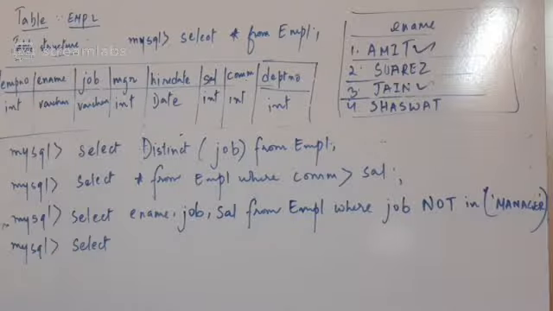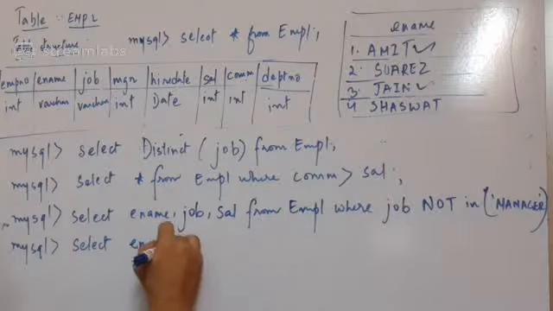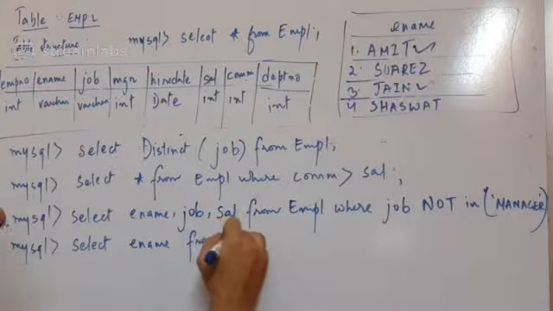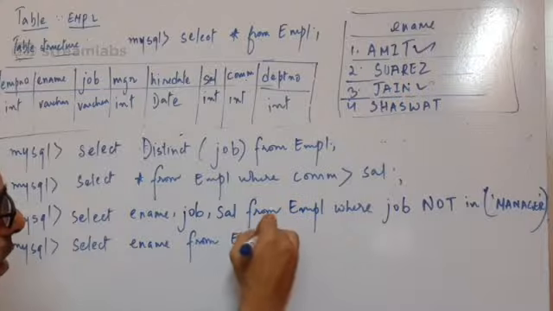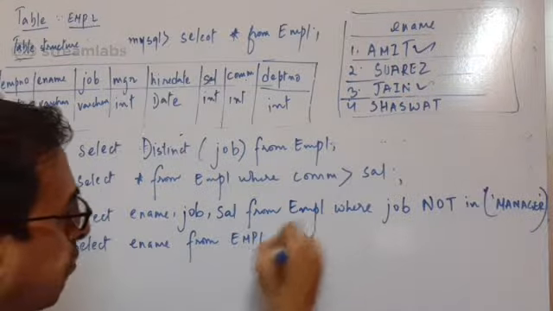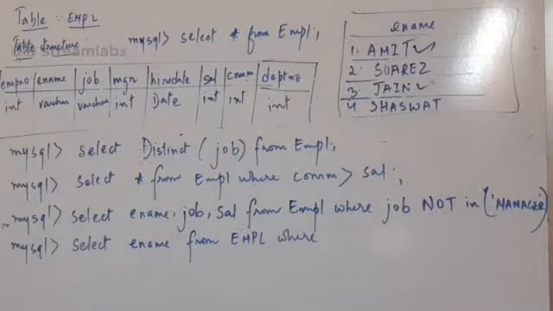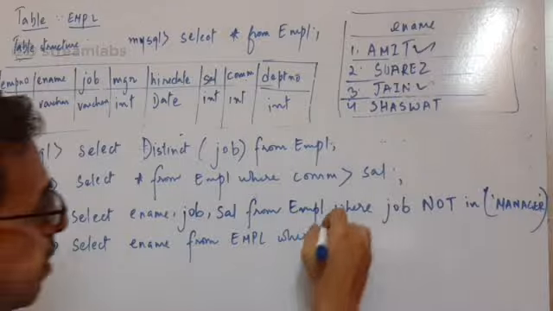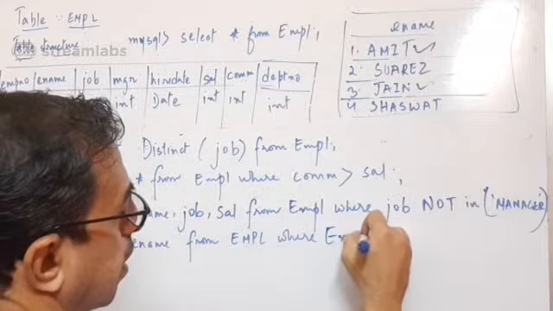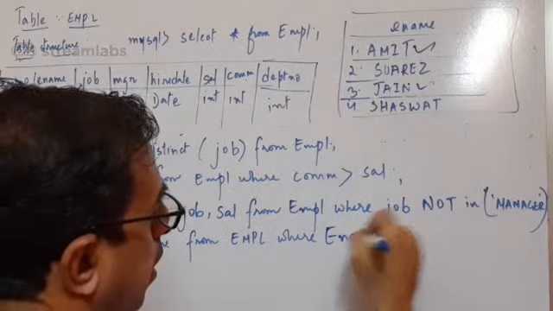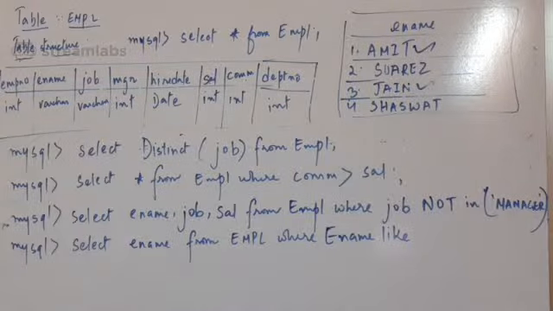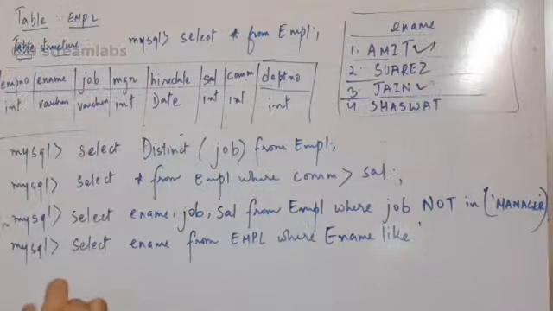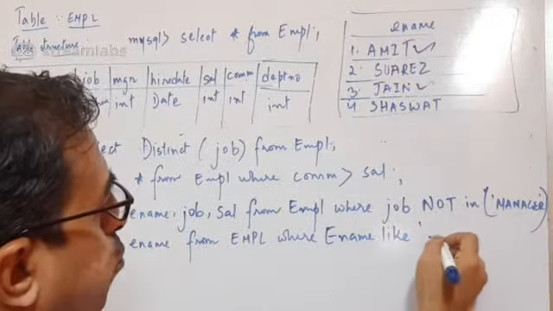select ename, because we will be only displaying the ename, from your table name, which is your EMPL, where ename like, and within single quotes you'll have to put 2 underscores.